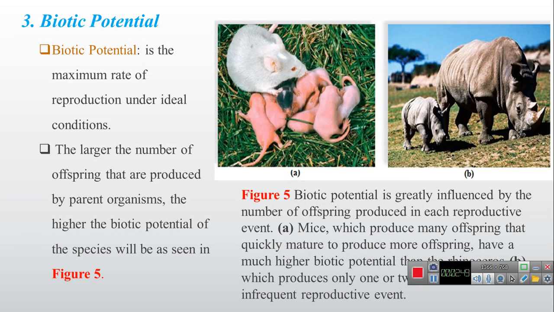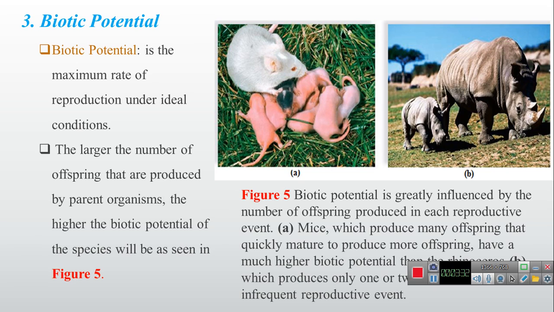Okay, biotic potential is the maximum rate of reproduction under ideal conditions. The larger the number of offspring produced by a parent organism, the higher the biotic potential of the species. You can see in this picture, figure B shows the biotic potential of mice, which can produce many offspring, and then their offspring grow quickly to produce more offspring, so they have a higher biotic potential.